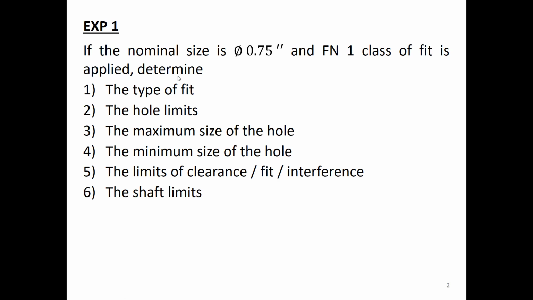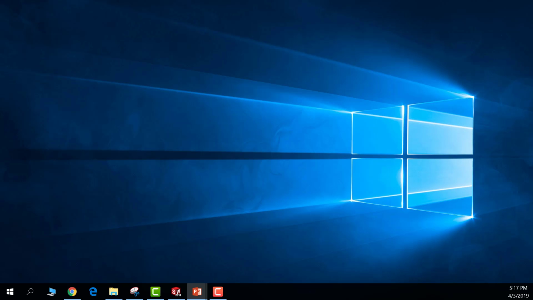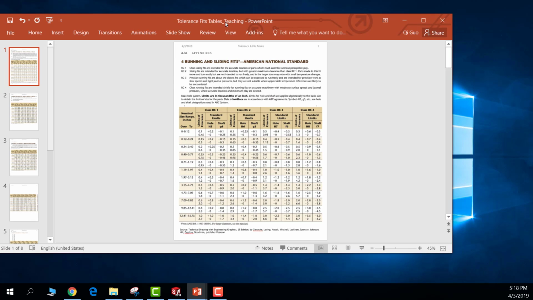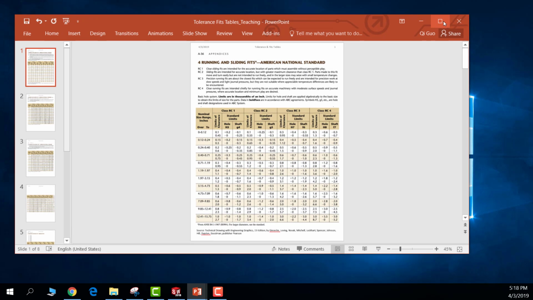So first of all, let's remember this number, the nominal size, 3/4, and it's FN. So let's look up the table and figure out the type of fit first. So I'm going to get out of here and bring the slide here and make it bigger.